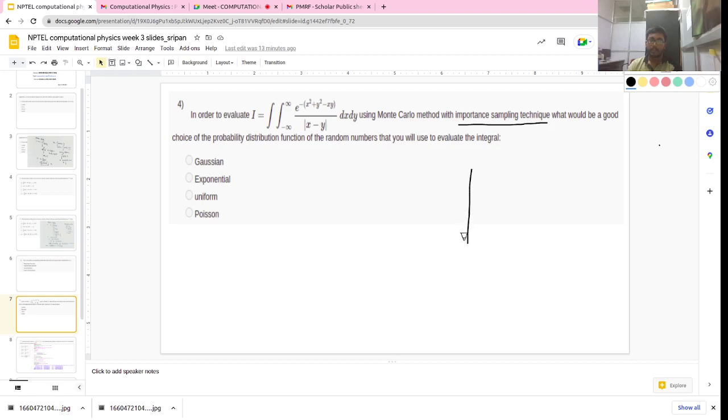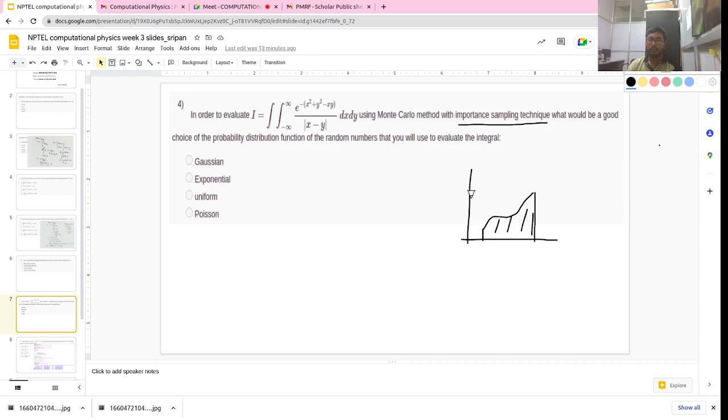So let's say we have a plot like this, and you have a graph like this, and you need to calculate the area under the curve for this integration. This will give you the value of the integration, correct?